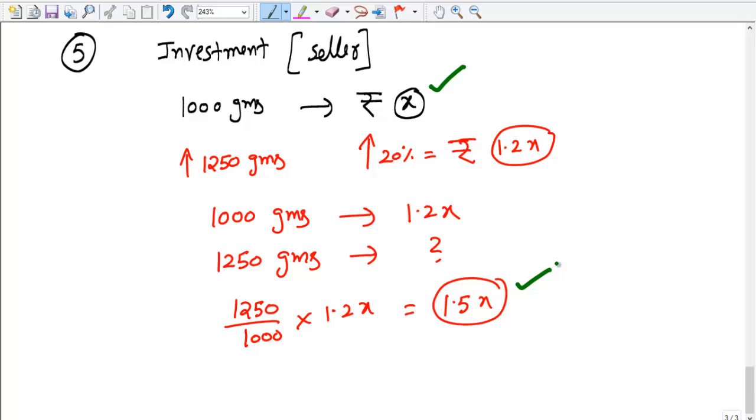Two-way benefit for the seller. One, it is increase in the price. The second one is he's charging an amount which is exactly 25% more, both cases.